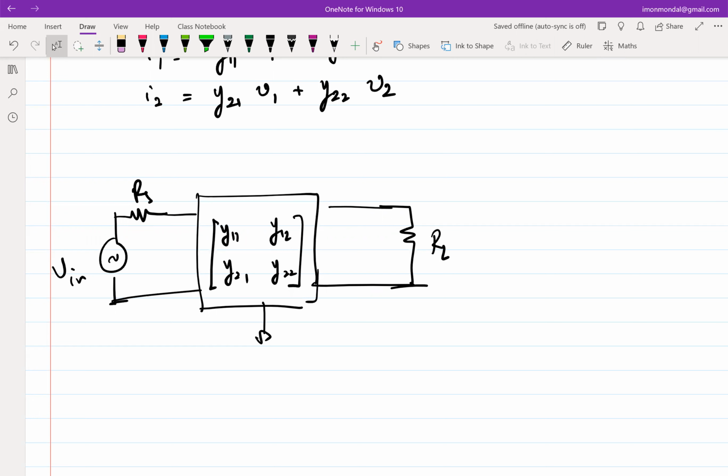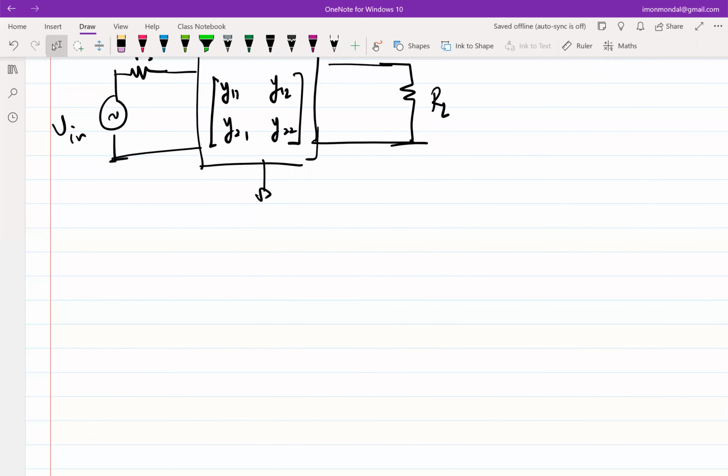Now, when we sketch everything in terms of incremental parameters, you should have it in the back of your mind that these incremental parameters are a function of the quiescent point at which my nonlinear network has been set up, right? I know I'm being repetitive, but it's probably worth mentioning once again.